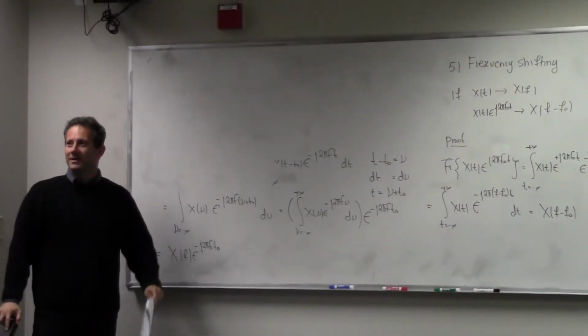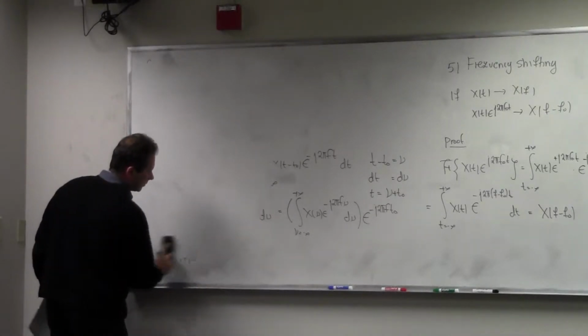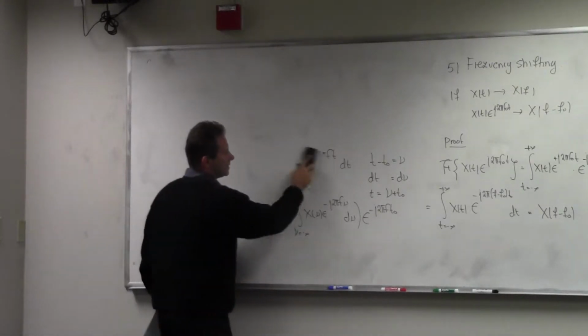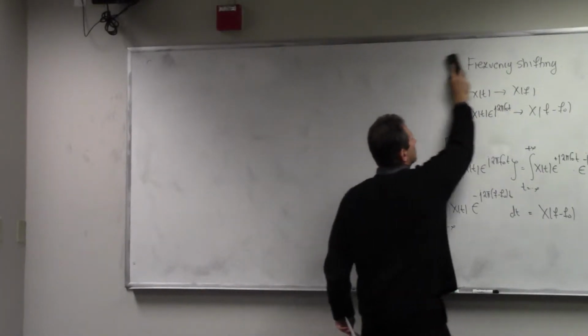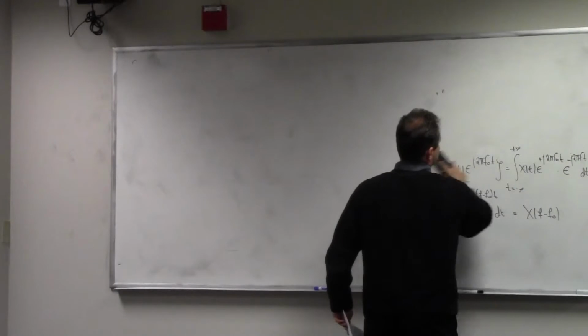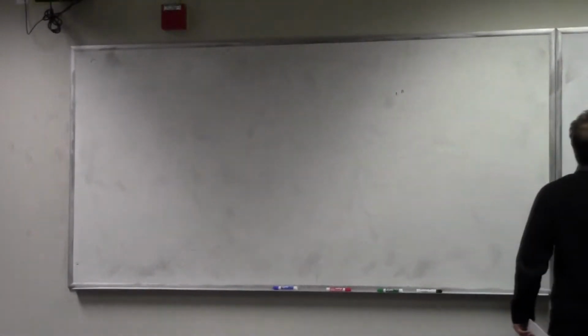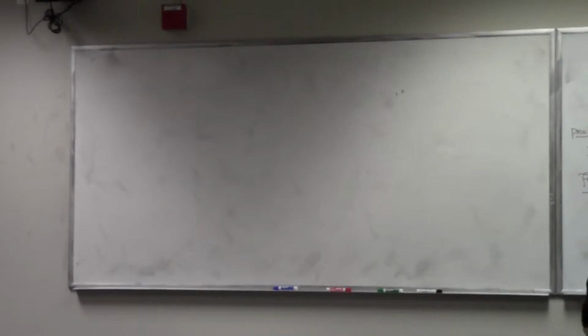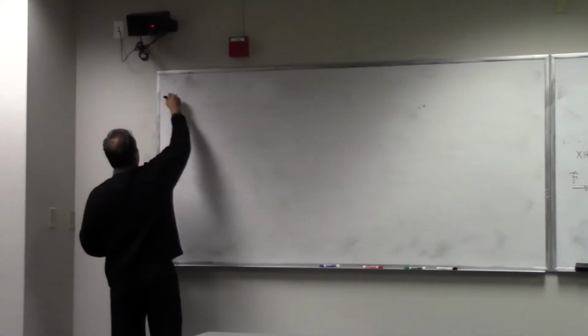This is the main reason why we use the Fourier transform so frequently as we do. So let's go through this one and make sure we understand what is happening. All right, so the convolution problem.